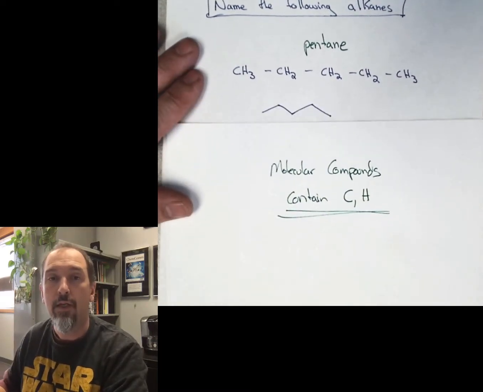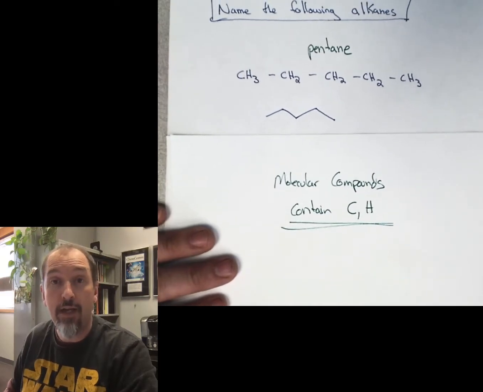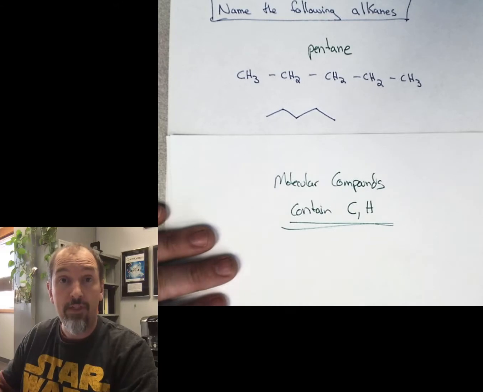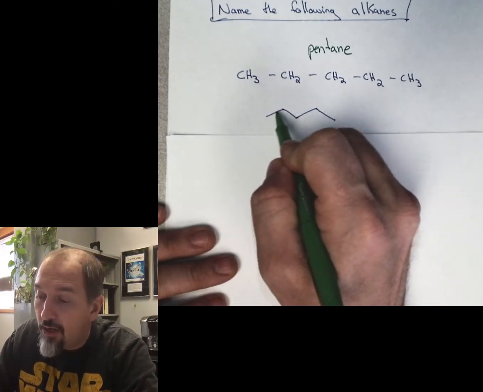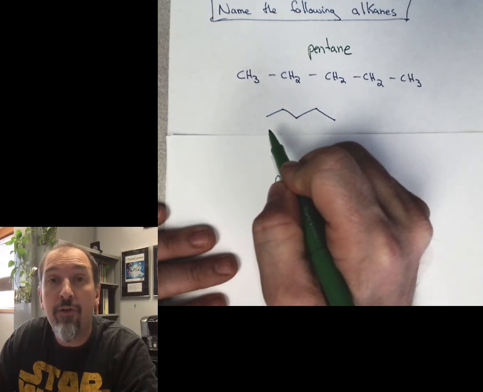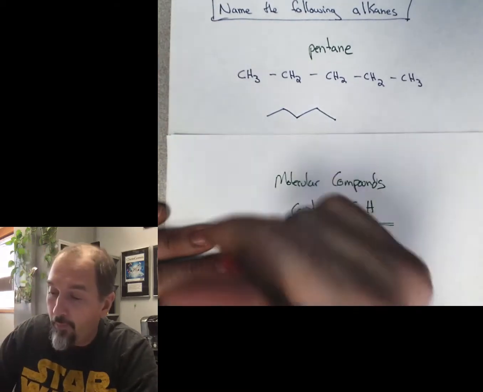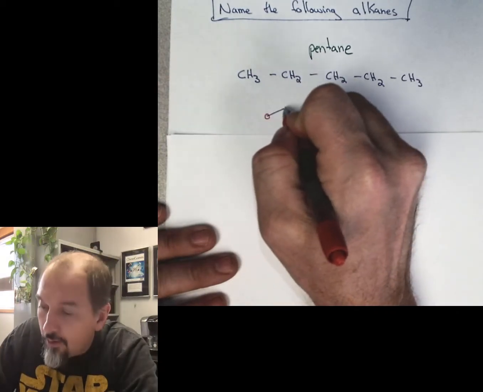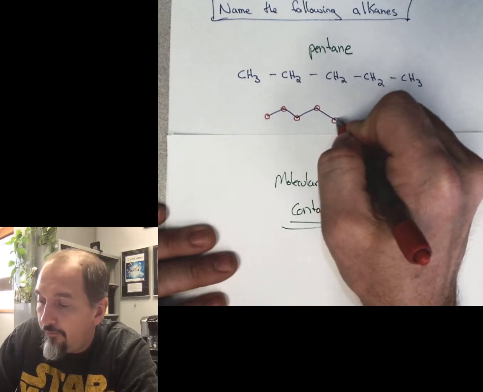Now we can display this differently, so we should be able to identify and name any of the alkanes that are drawn in the different ways of drawing them. Here's a skeletal formula. So again, we can count bonds, or I prefer to count the ends and the middles. So I'm going to circle each one. Here we've got 1, 2, 3, 4, 5.